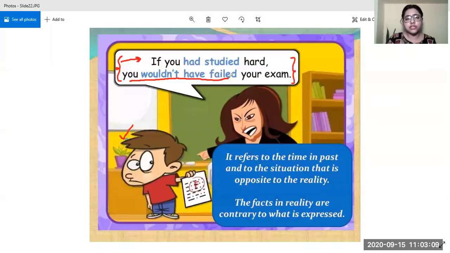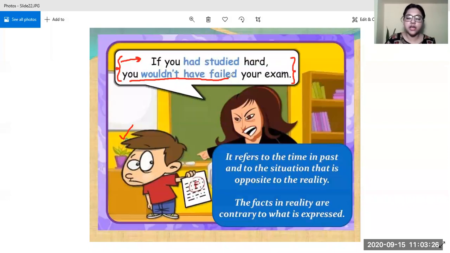So the third conditional says that if you had studied hard, which is opposite to the real condition that he did not study, you wouldn't have failed your exam.